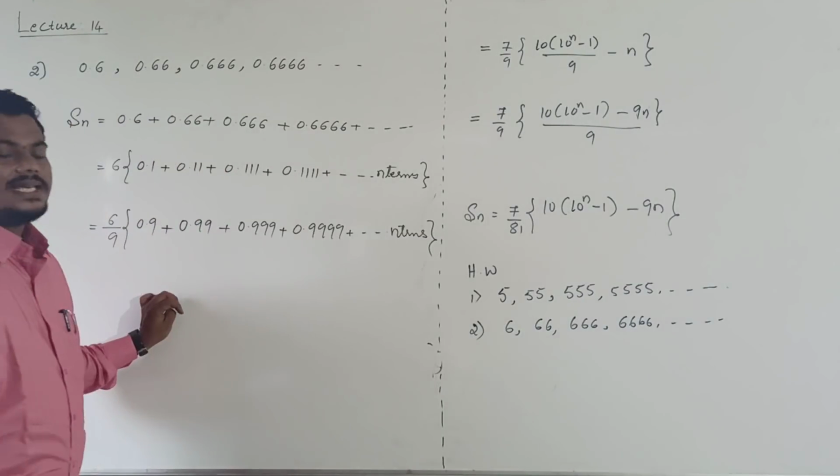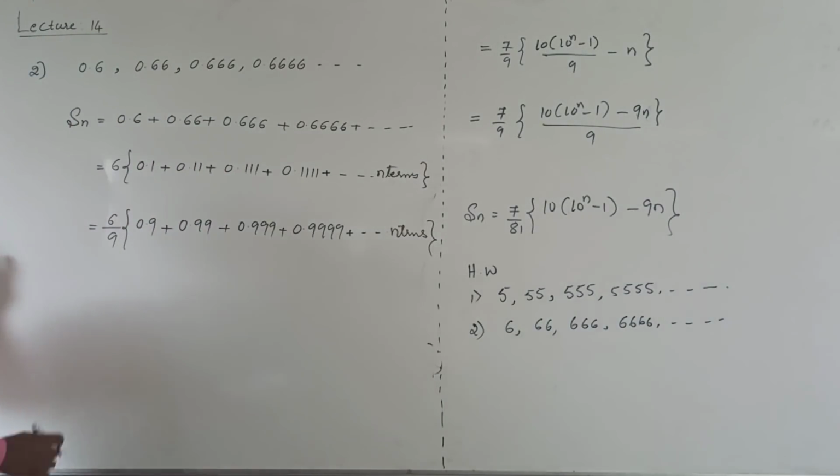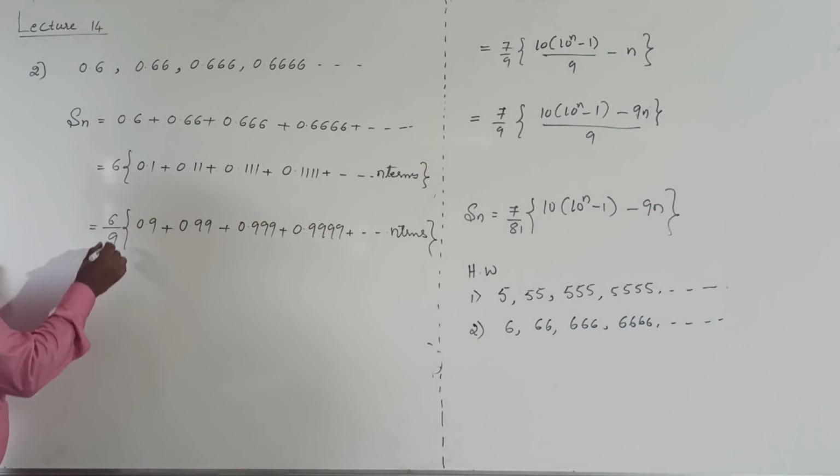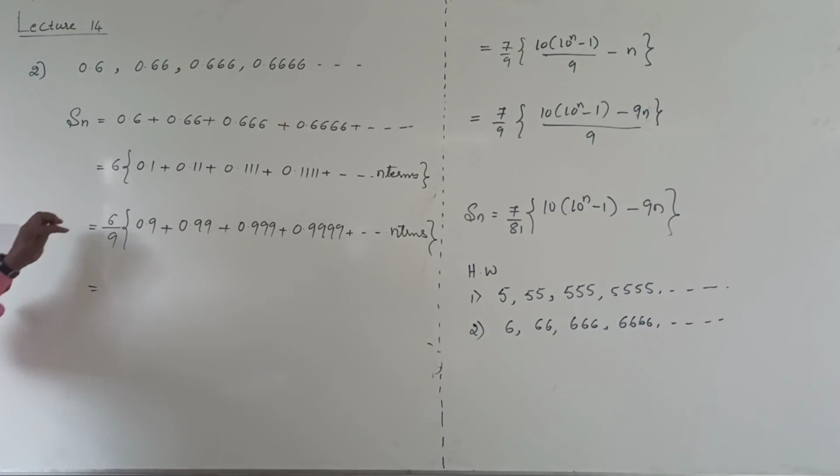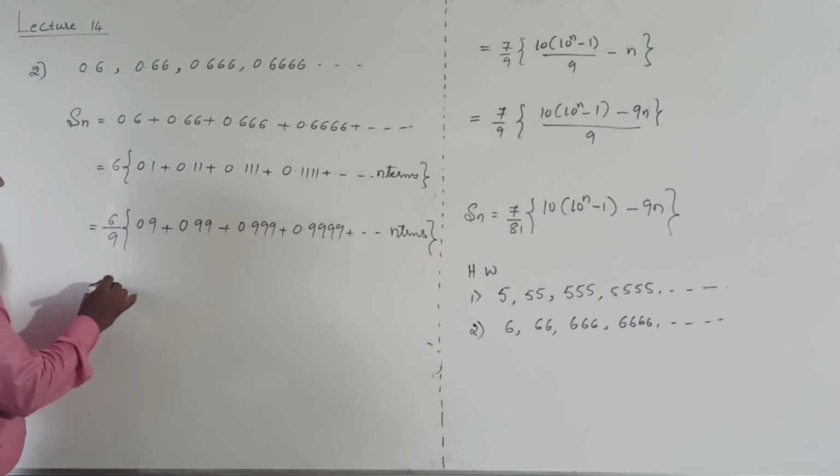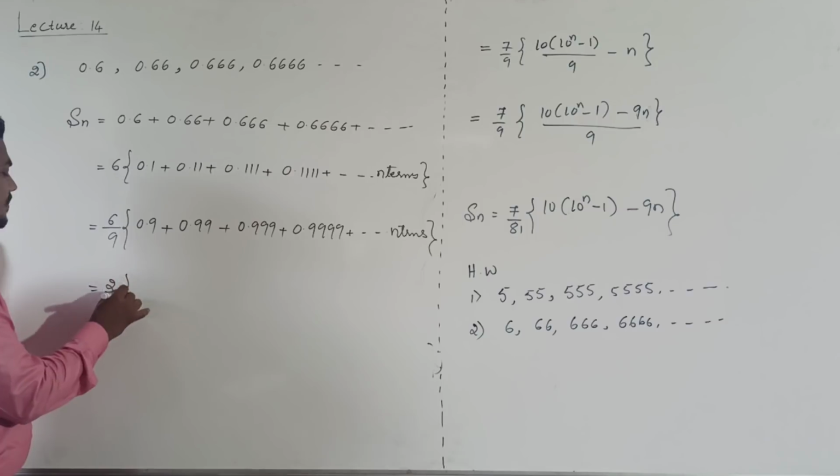Now also it is neither in AP nor in GP. What do we do? What is 6 by 9? 6 by 9 is 2 by 3, that is 2 divided by 3 in bracket.